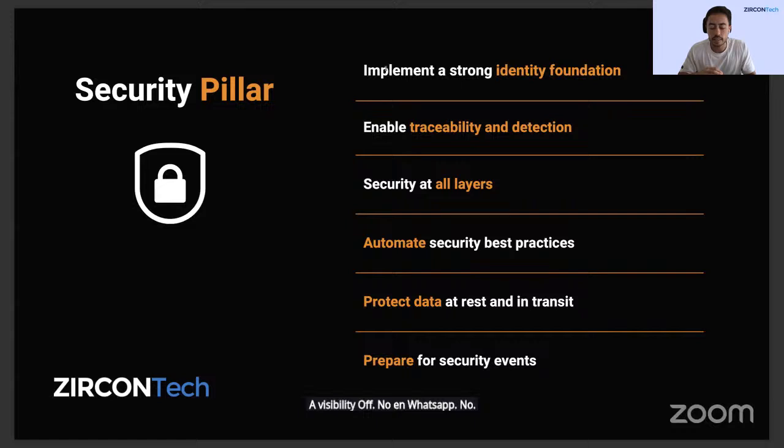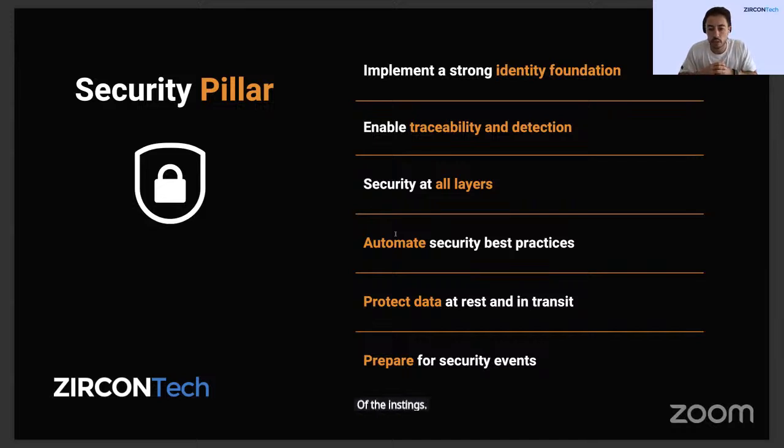The next is applying security to all layers, which is a defense approach. So starting with your application on your outer edge, all the way through to secure coding practices. And you should try to automate all of these things as much as possible.